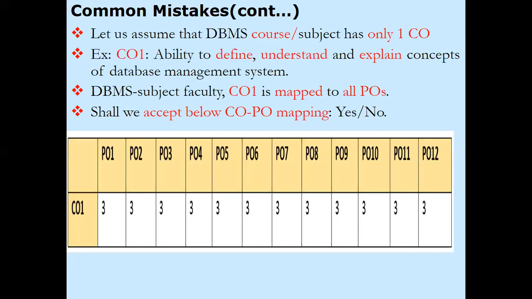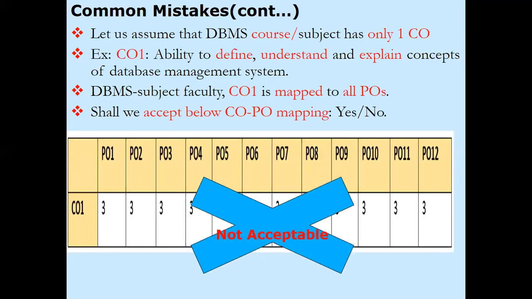So here the faculty has defined the CO, but he has mapped only one CO with respect to all POs. That cannot be possible because CO1 is mainly written from Bloom's level 1 and level 2 point of view, but he has mapped even PO4 and PO5. PO4 is nothing but investigation, PO3 is nothing but design. How can it be possible? It is not possible.